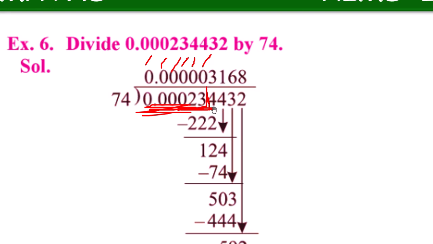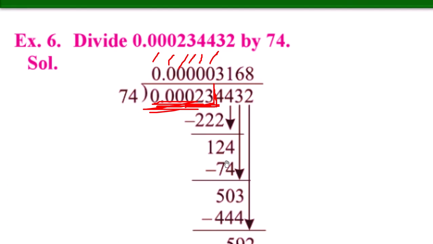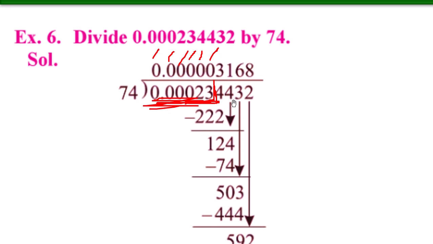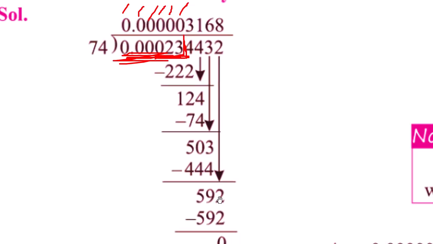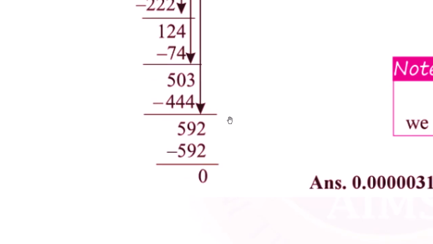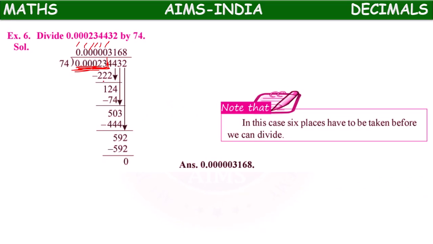If we consider 4, then it will become 234 and it is divisible by 74. 74 times 3 is 222, 12 remaining, 4 we carry down, 74 once is 74, 50 remaining, 3 we carry down, 74 times 6 is 444, 59 remaining, 2 we carry down, 74 times 8 is 592, 0. So the answer is this one.